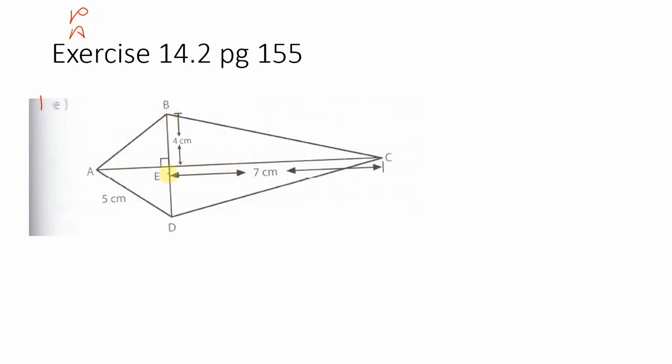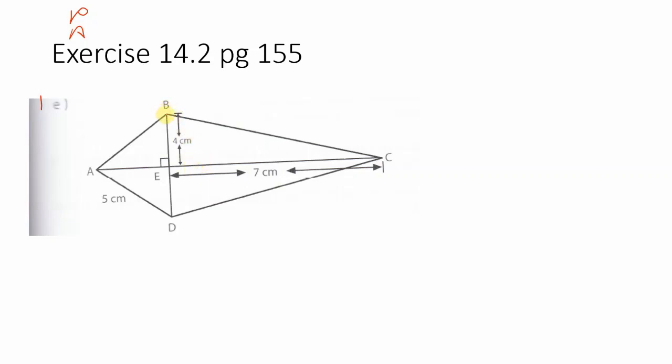We have from point C up to point E 7 centimeters. We have 4 centimeters from B to the point E, and we have A to D 5 centimeters. We know to calculate perimeter, we just have to add all the sides, AB and AD and DC and CB. So we will have to get the missing side lengths.